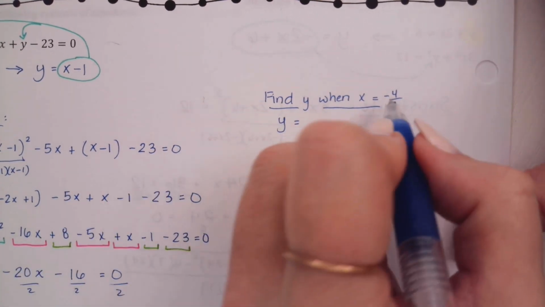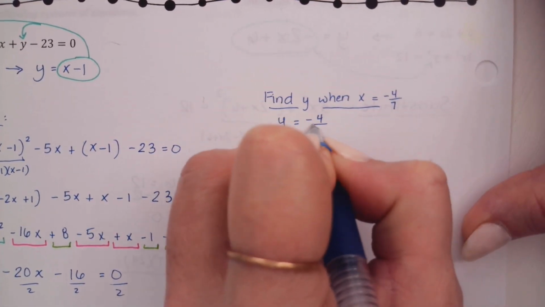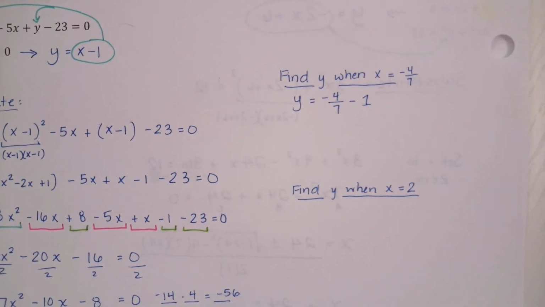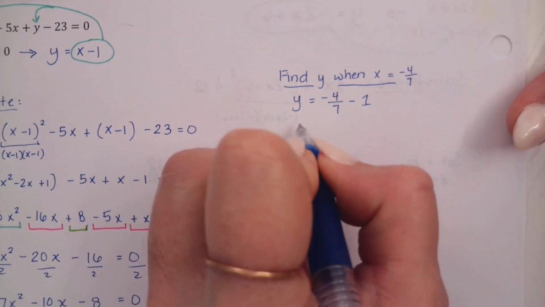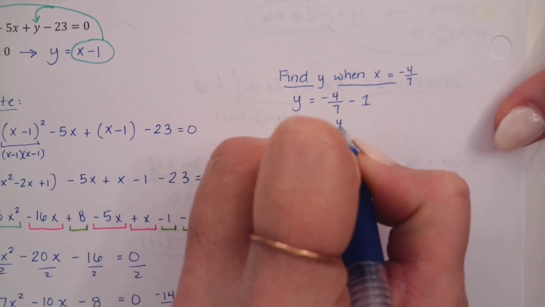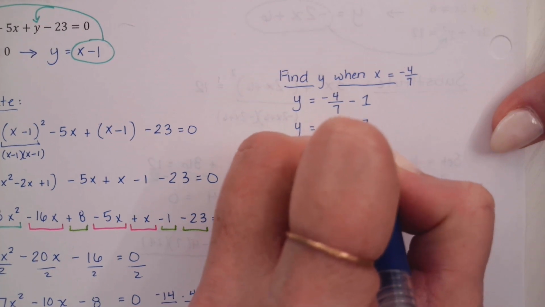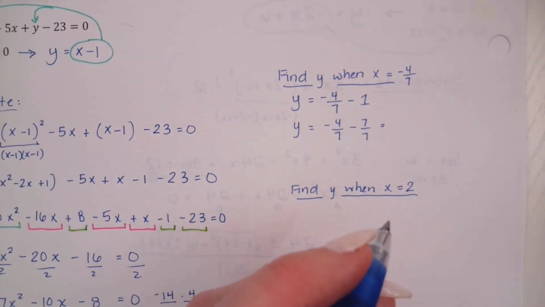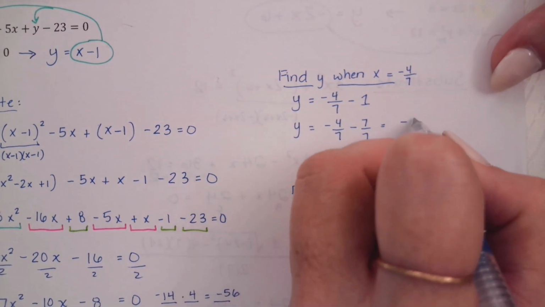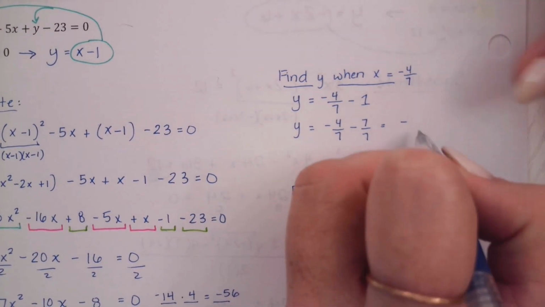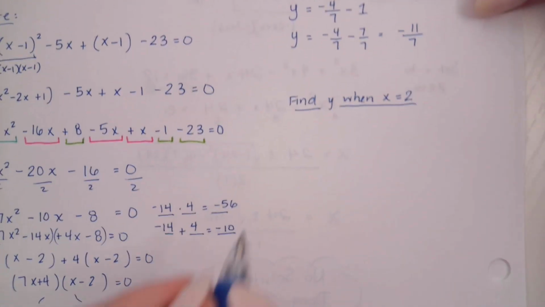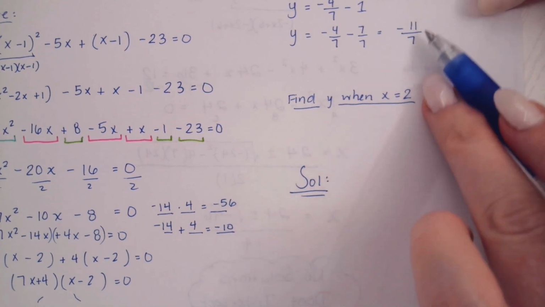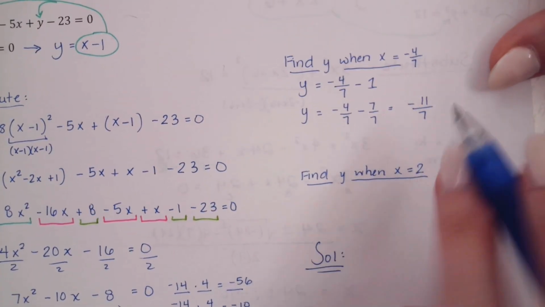Y equals, take my x value, I'll subtract 1. How can I rewrite 1 but have a denominator of 7? 7/7. So -4/7 minus 7/7 is -11/7. So that makes one of our solutions -4/7, -11/7.